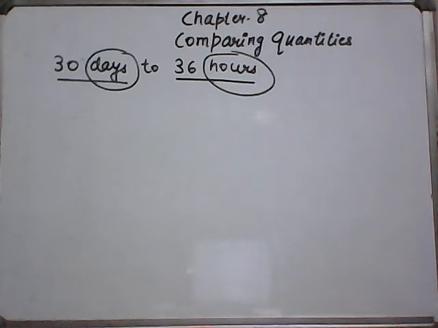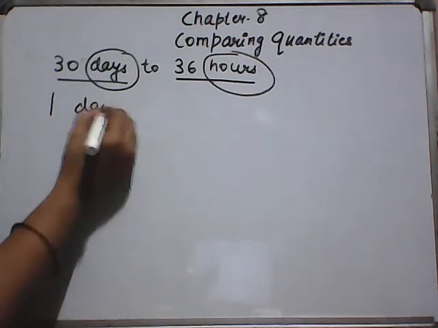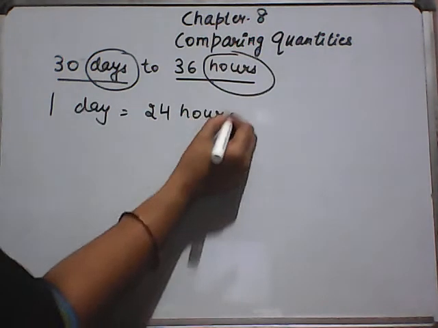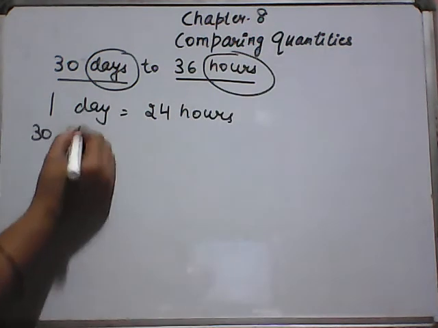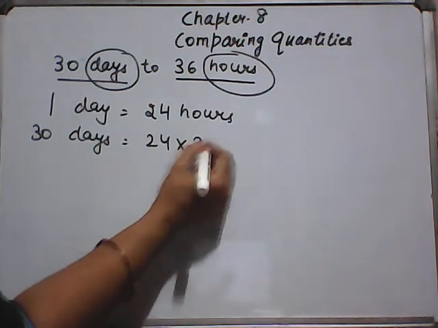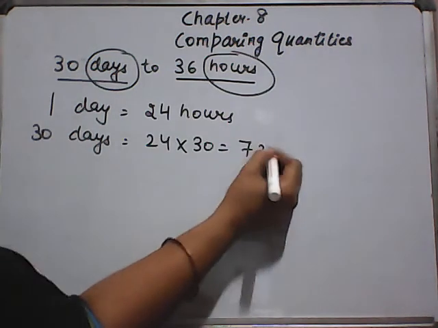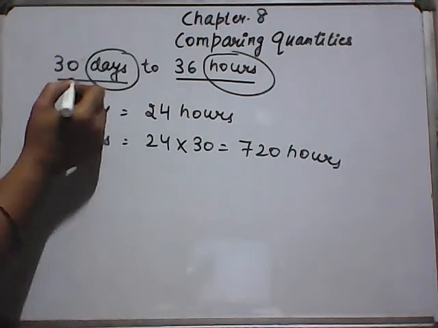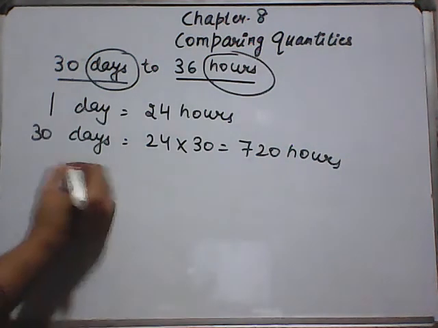So, we have to convert into same unit. We know that one day has 24 hours. So 30 days have 24 multiplied by 30, 720 hours. Here we convert 30 days to 720 hours.